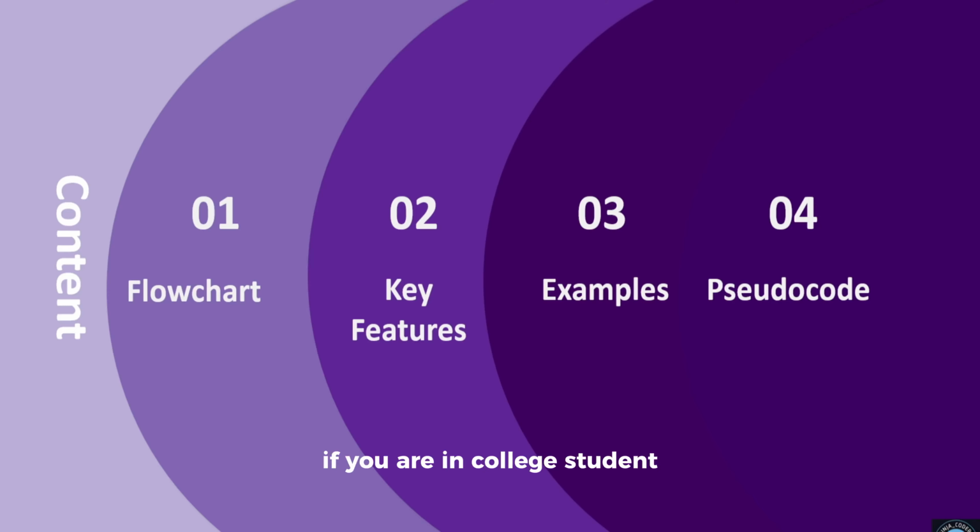If you are a college student, you know that the flowchart is a very essential part of your course, one of the topics. So that's why I didn't leave it out; I think it is also needed. Previously we saw conditions, so here we can see how to represent all of the previous ones using a flowchart.